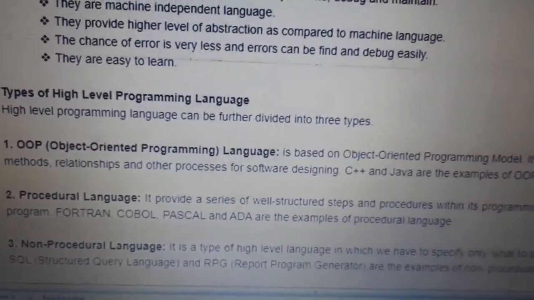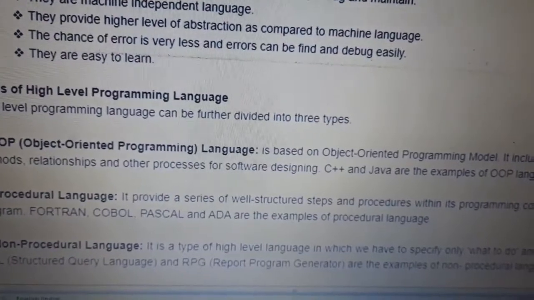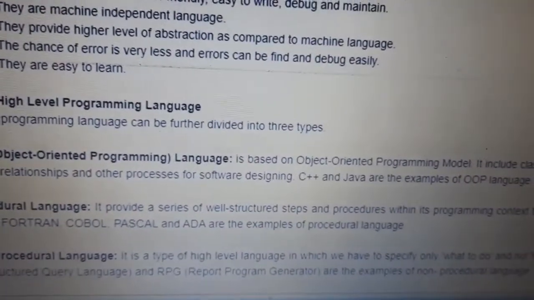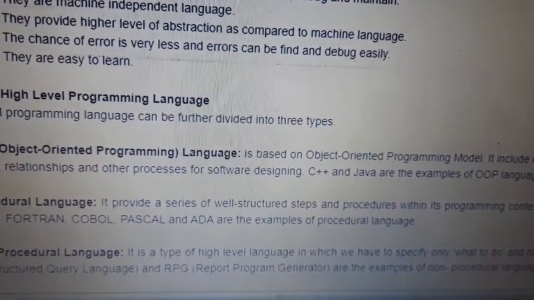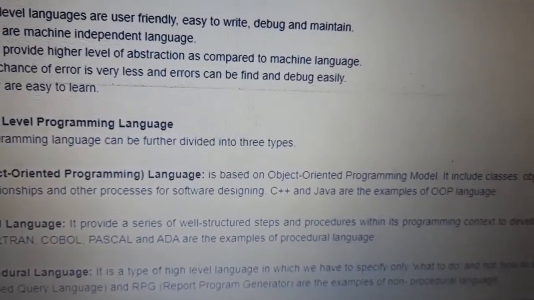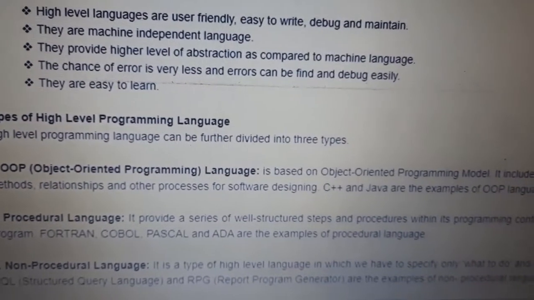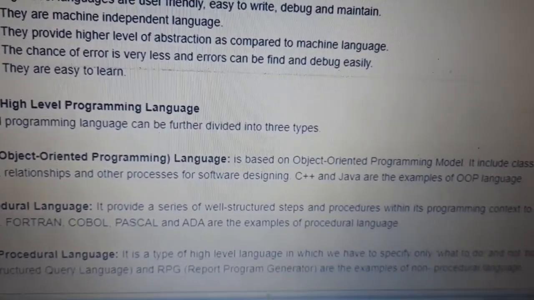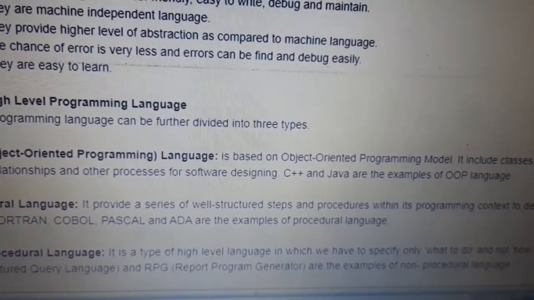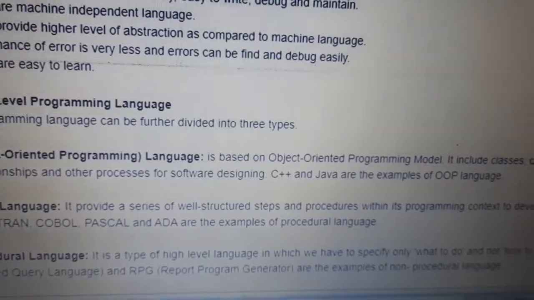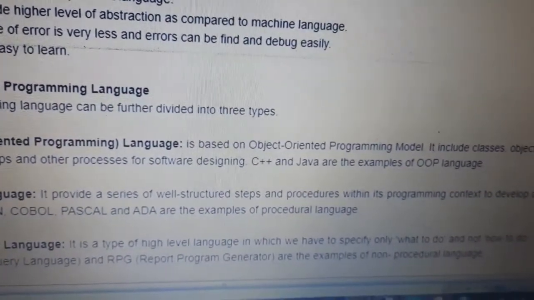It is based on the object oriented program model. It includes classes, object, method, relationship, and other processes for software designing. C++ and Java are the examples of OOP language.